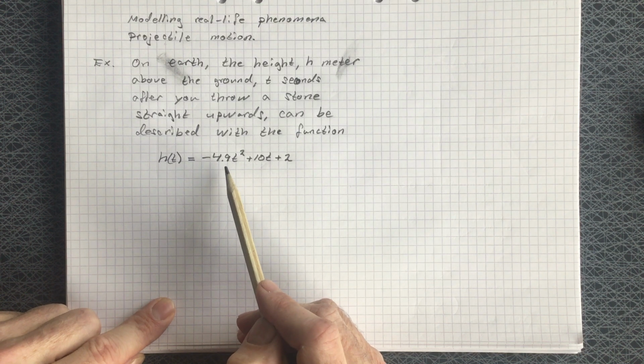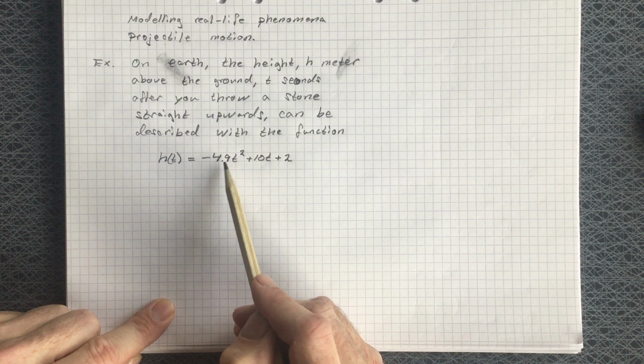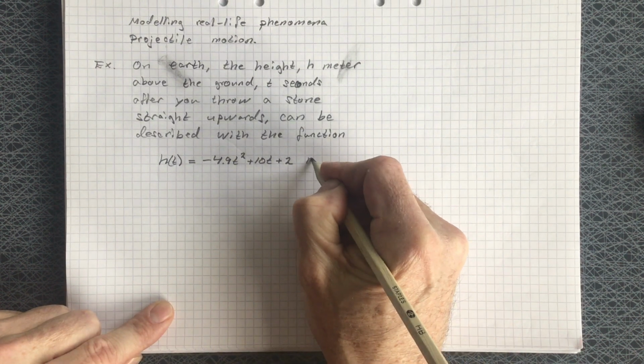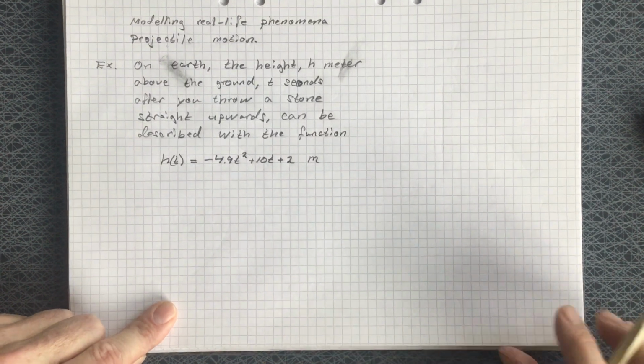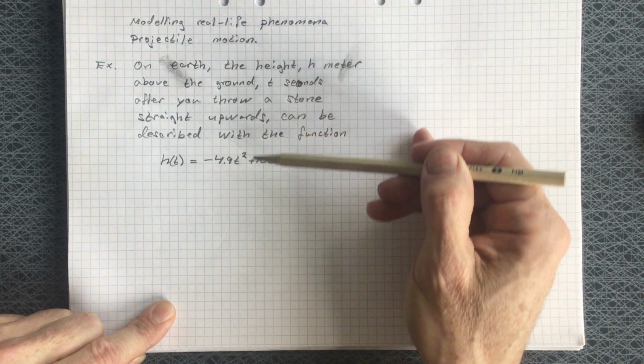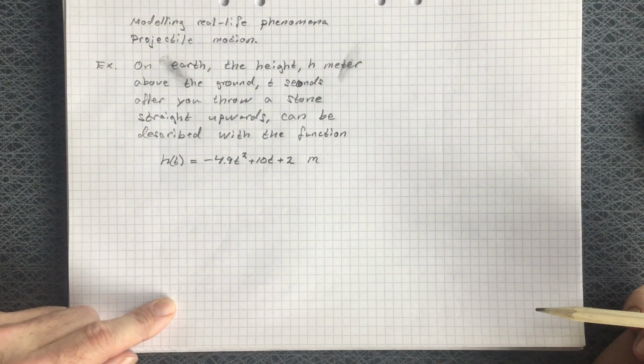If I had been throwing a stone on the moon, then I would have another constant here. So this is the height in meters above the ground. I throw it straight upwards, and the stone falls down like this.